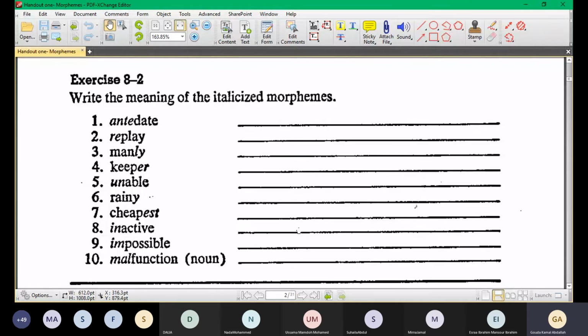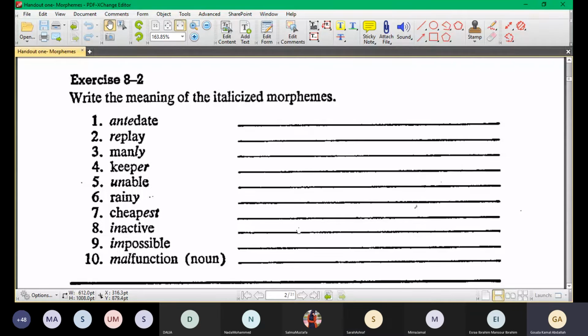And then we have ly. What do you guess? Ly? It changes the part of speech from noun or something to adverb. I guess we need the meaning, not the grammar part.